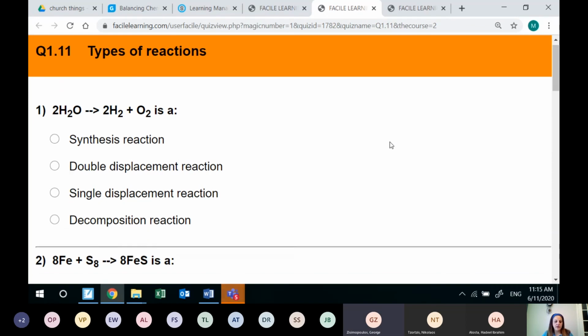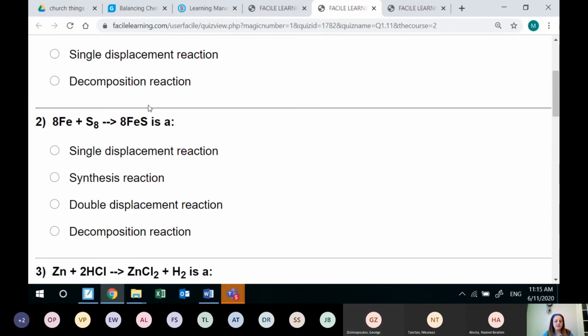That's good. Whereas look at the next one. You start small and you end bigger. So that would be what? That would be a single... synthesis. No, never mind the single and double. Synthesis or decomposition? Synthesis. Yes, synthesis. Very good.